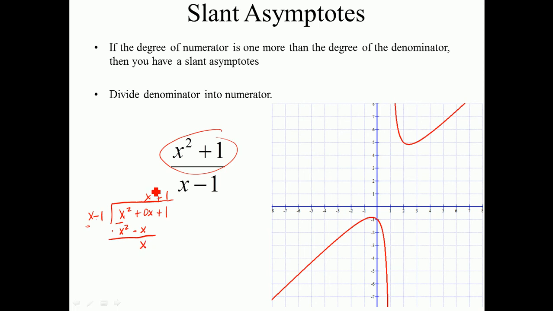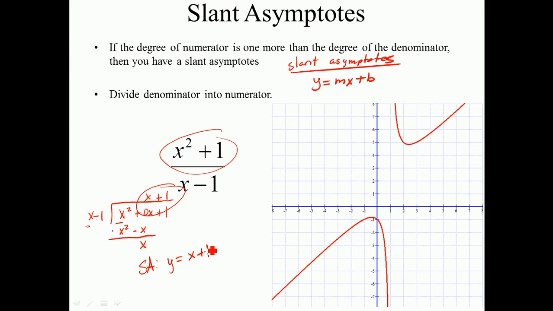To be honest with you, you don't have to worry about any of those other parts. The reason why is because you have the equation for your slant asymptote. Slant asymptotes are of the form y equals mx plus b. A line, basically. Notice we already have our mx plus b right there. So really your slant asymptote, in this case, is y equals x plus 1.